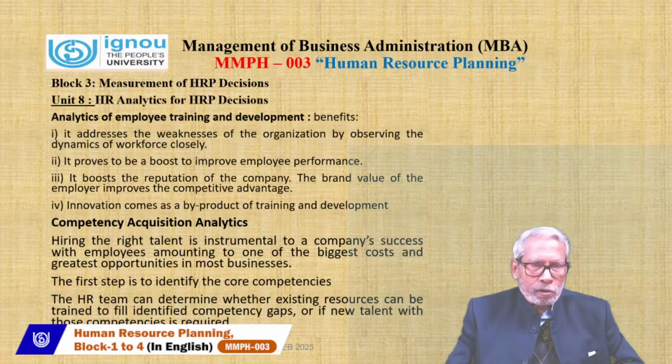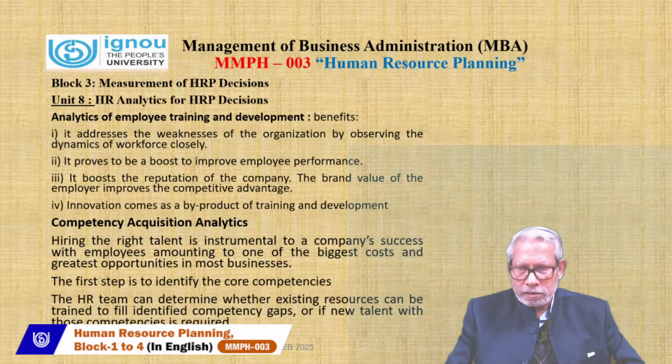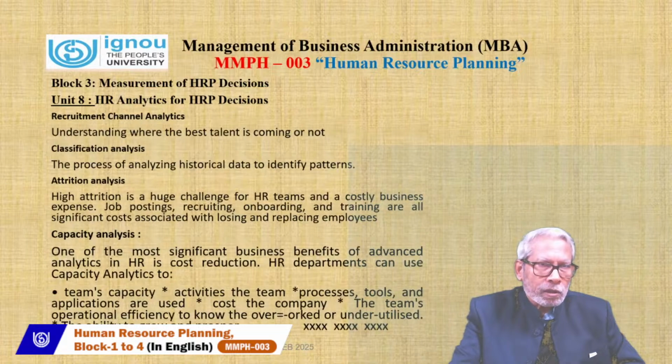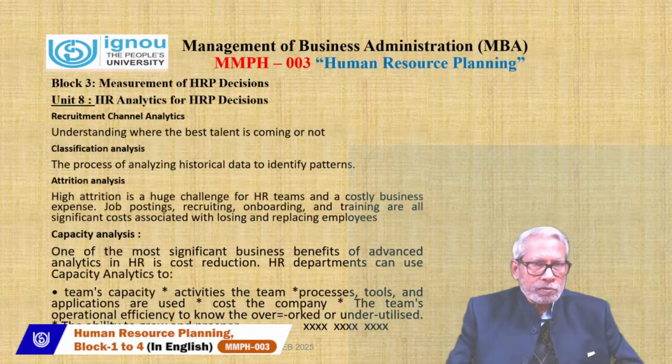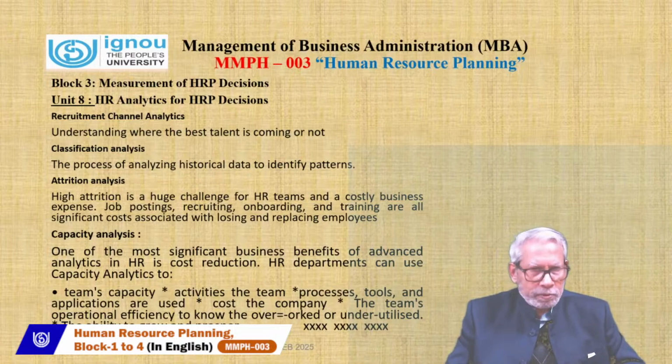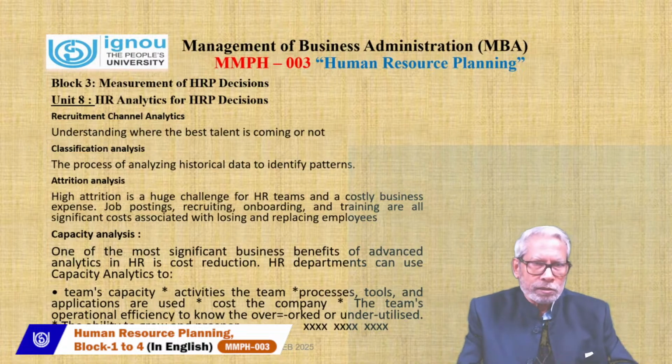Now, some of the analysis part, competency acquisitions analysis. Now we go for classification. There are some classifications we have earlier discussed. There's the attrition analysis, then your capacity analysis. There are so many varieties of analysis for specific purposes, all under different domains.